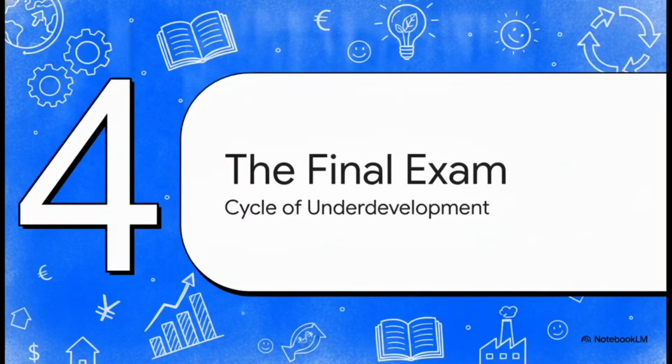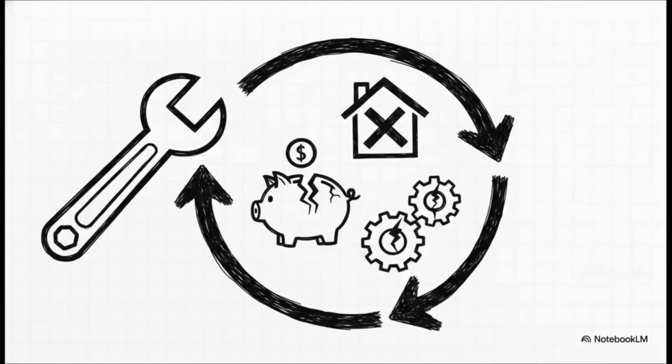Section 4, the final exam. Okay, we've survived the 3 interactive rounds, so let's tie all these textbook concepts back to the real world. The word underdevelopment essentially points to a backward and stagnant situation.